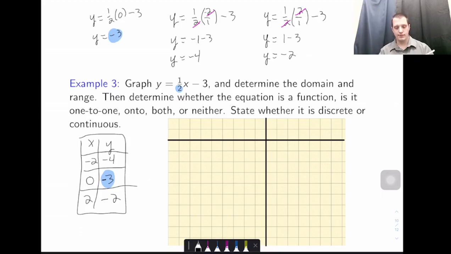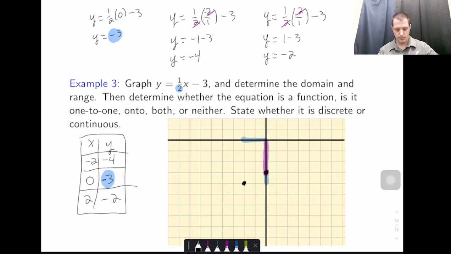So I'm going to do -2 in the x. So I'm going to go backwards 2. And I'm going to go -4 in the y. And then where those two things cross, I'm going to get my first point. Now I'm going to do 0 in the x, and I'm going to go -3 in the y, and that's where I'm going to get my second point.